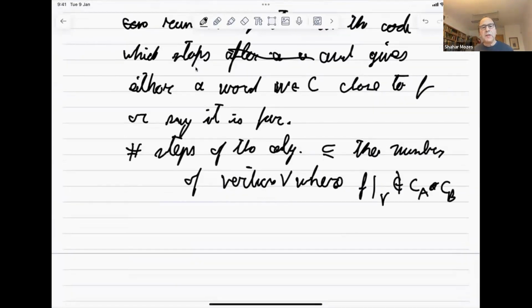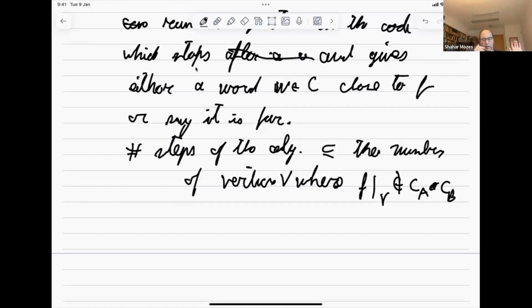Okay. I should have said I described the code. I didn't tell you explicitly how you test whether a word is in the code. Okay, so the code was just maps. When we construct a square complex, we wrote zeros and ones on the squares and an element in the code if each vertex locally belongs to the CA tensor CB. Now the tester chooses a vertex at random and looks locally at this vertex, whether what you see written in the squares belongs to this tensor code CA tensor CB.